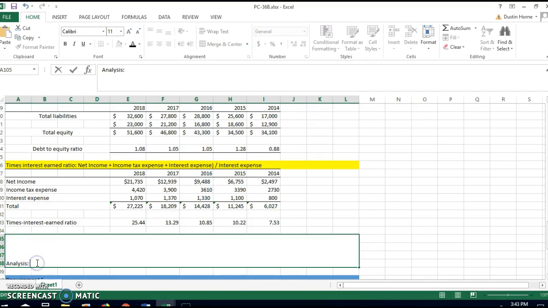So let's analyze what we found. It looks like the current and quick ratios are fairly high. What this does is indicate that the company can pay its liabilities, which is a good thing.